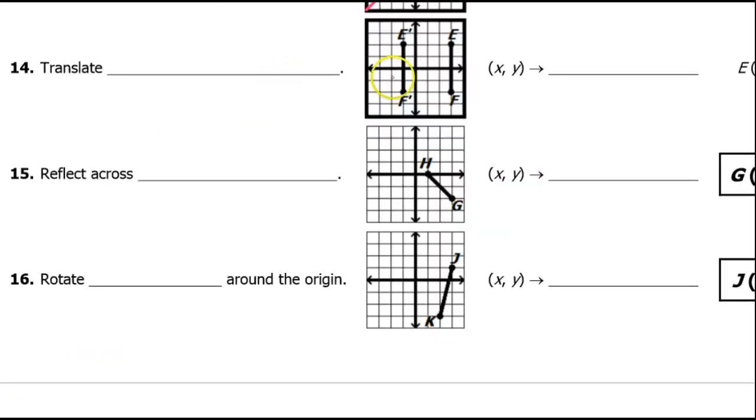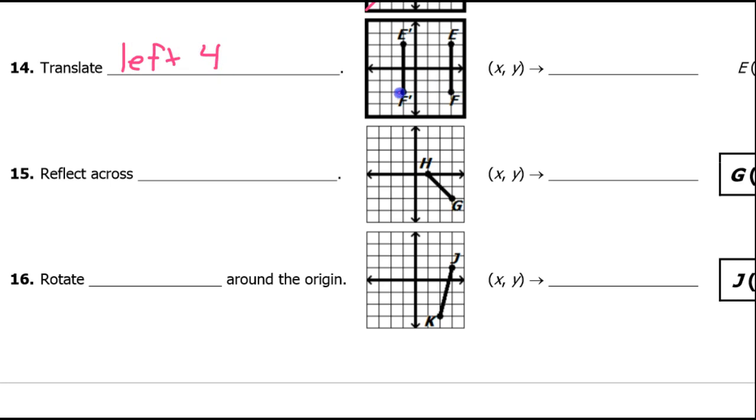So for number 14, we again are given the image. Now we have this little hint here that this is a translation. So we can see that point E has just moved to the left. That is all. 1, 2, 3, 4. It has moved to the left 4. That's all that happened.